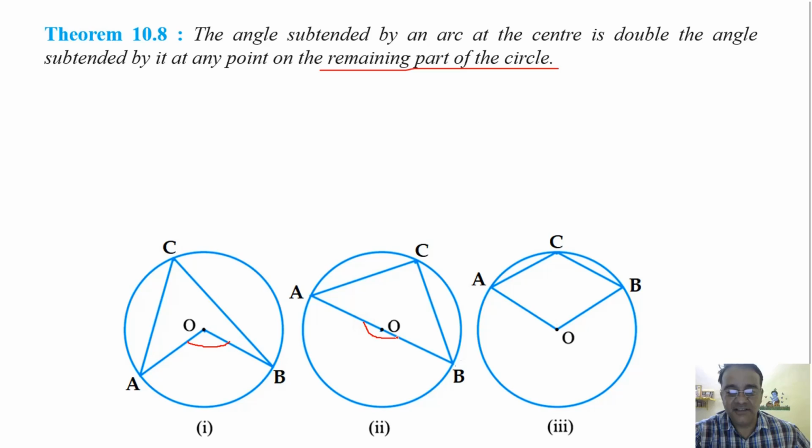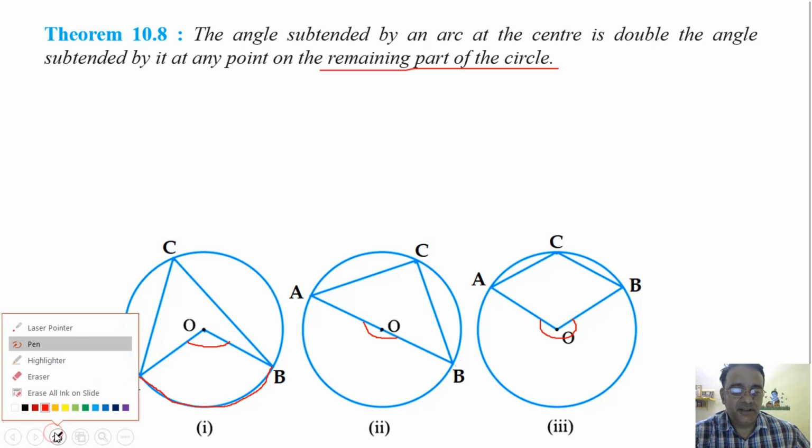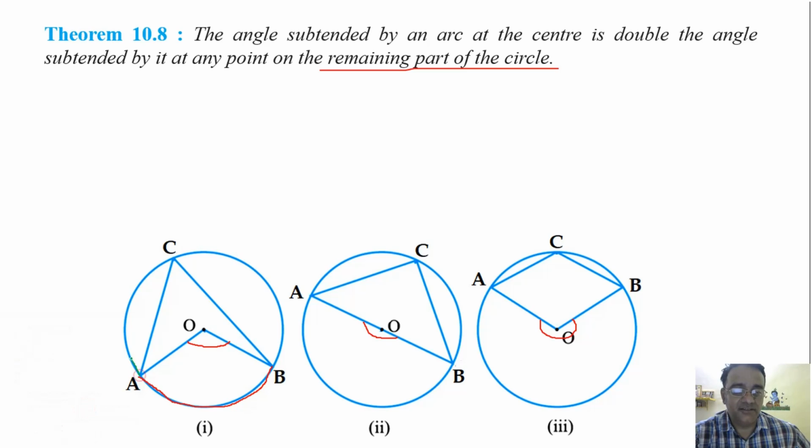So in all three cases, this is a minor arc, this is a semicircular arc, and this is a major arc. Okay, so if we are taking this arc AB, what is the remaining part of the circle? This one. Let me draw it in green to show. This is the remaining part.